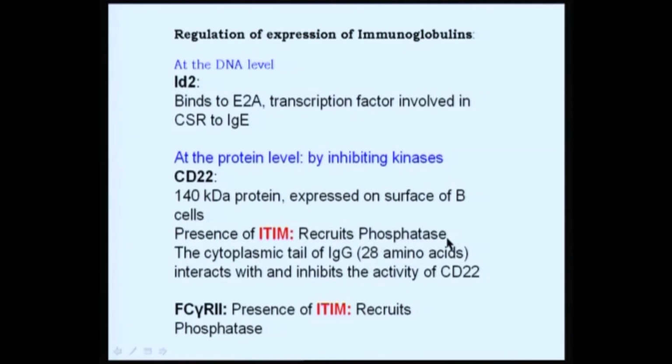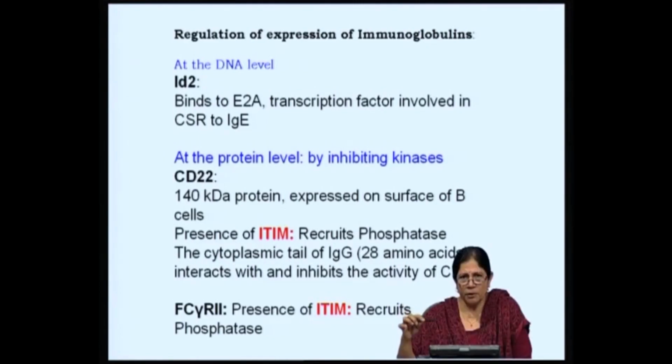This means that for a B cell that is making IgM and another B cell which is making IgG, it has been seen that the IgM produced by a cell is always much lesser in the number of molecules made as compared to IgG. So, there is regulation by inhibiting kinases.